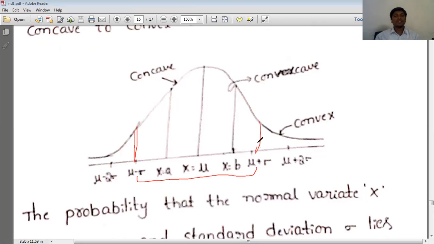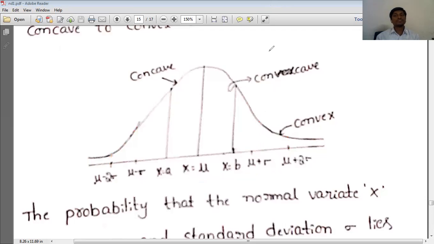If you extend to mu minus 2 sigma and mu plus 2 sigma, and then mu minus 3 sigma to mu plus 3 sigma, the entire curve lies between mu minus 3 sigma and mu plus 3 sigma. So when the range is increased, the concave part automatically changes to convex.